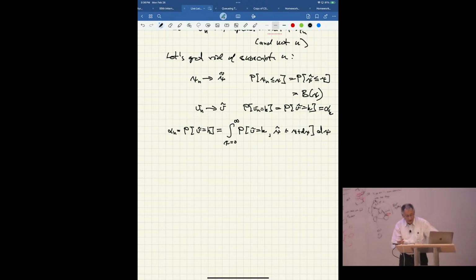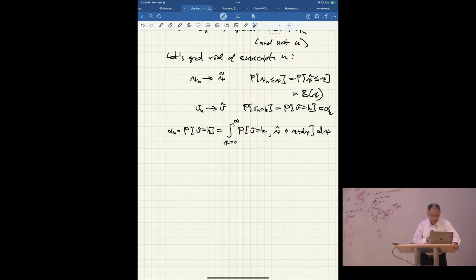I'm saying if the event V equals k occurs, it's got to occur with something else, all possible other something else. This is the law of total probability. What I wrote down here are all the possible cases for the service time I'm dealing with, because I'm integrating over all of them. So this integral is really the sum of all the probabilities of how V equals k can come about. X can be 1, could be 2, could be 3, could be pi, could be whatever.